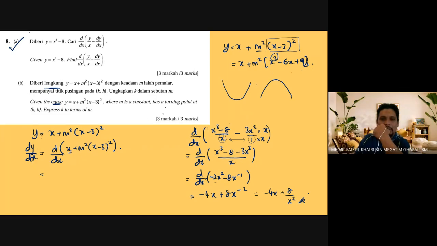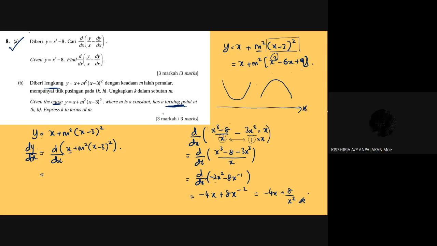Turning point. Kiki, do you have any idea what a turning point is in this topic? What is a turning point? Okay, let's say, what is it?